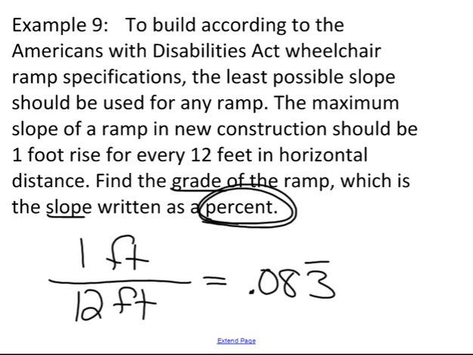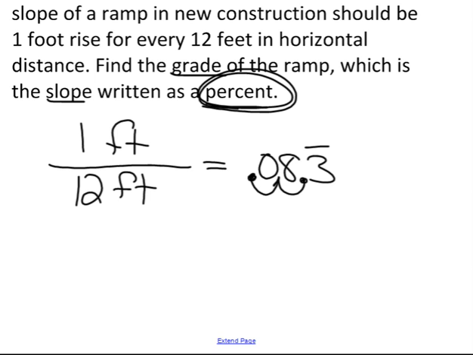So we want that as a percent. Well, if you recall, writing a decimal as a percent, we move the decimal place 2 places. So that becomes 8.3. It's actually 3 repeating, but don't worry about that. 8.3%. So the grade for this problem would be 8.3%.